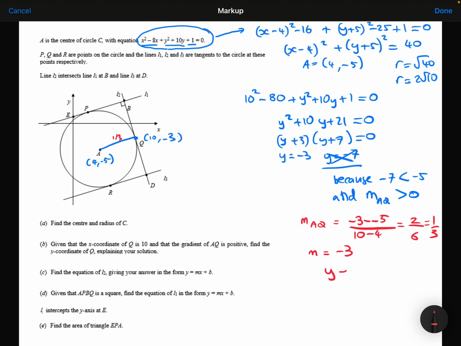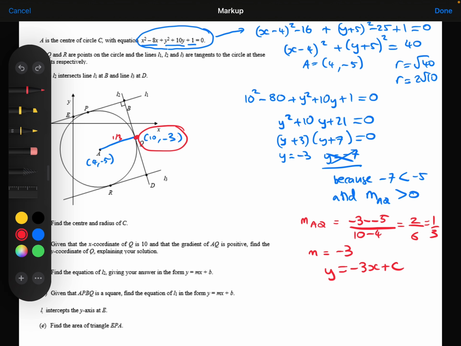I can now do y equals mx plus c. I know this line is going through point Q, so it's going through the point (10, -3). So the y coordinate is minus 3 when the x coordinate is 10.